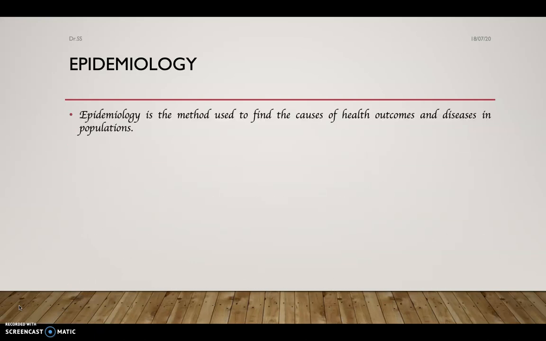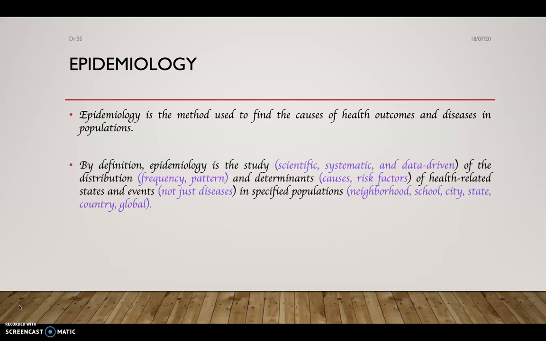Epidemiology. Epidemiology is a very good method to find the reasons for health outcomes and disease in particular populations. It is the study of the distribution of particular infections and the risk factors involved in those infections, not just of a disease on a specified population.